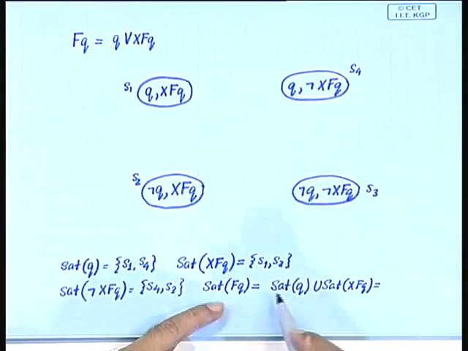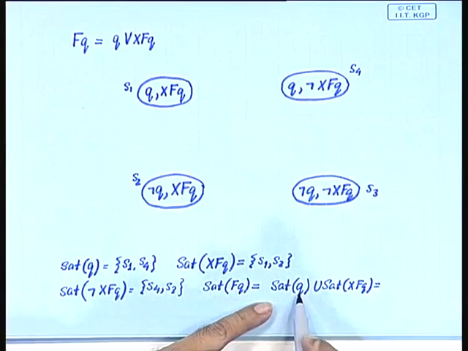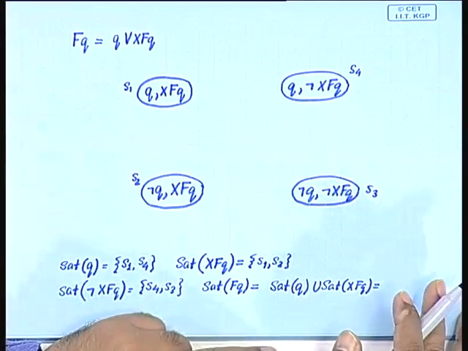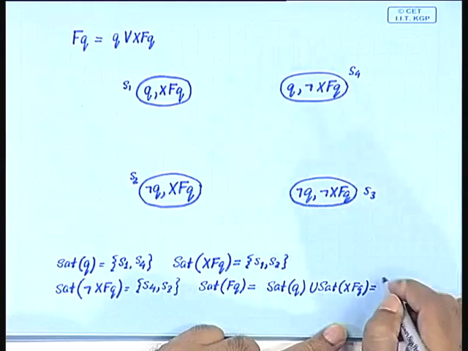Why do we write this? Because FQ can be satisfied in two ways. One is Q holds straight away, or those states in which XFQ holds, which means that in future Q will hold, right.